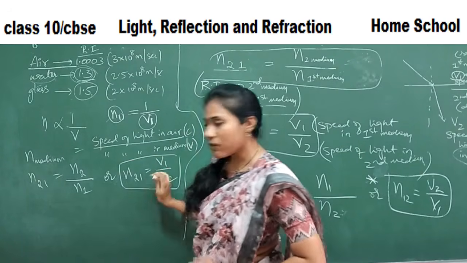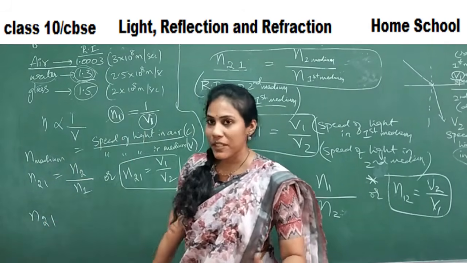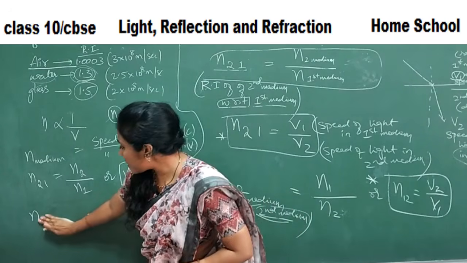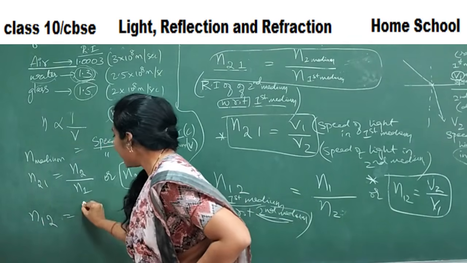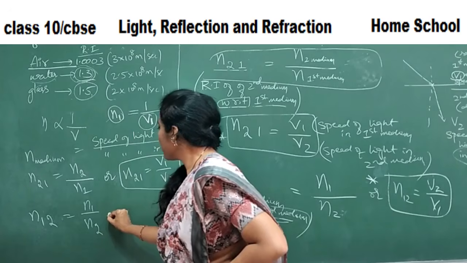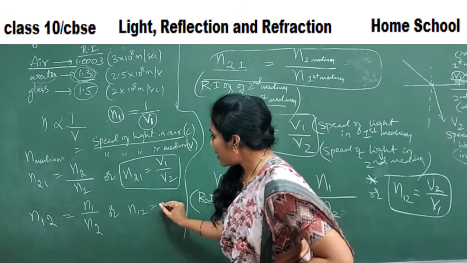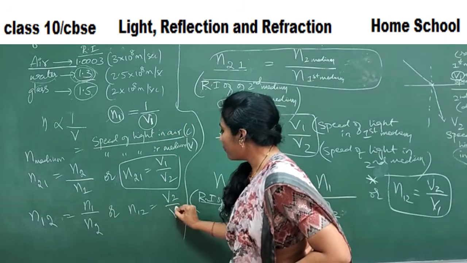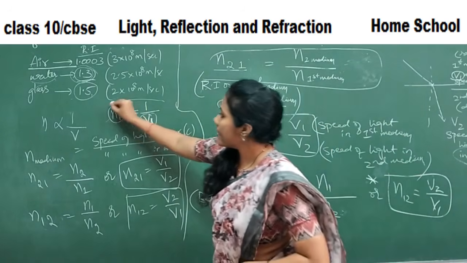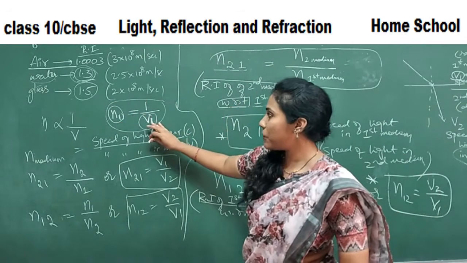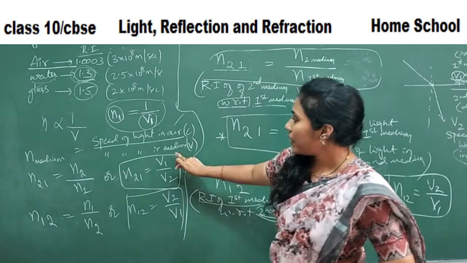Okay, so these two are one set of formulas, and another set of formulas: if I have written N12, I am talking about the refractive index of the first medium with respect to the second. Okay, so how do I write? N1 divided by N2 here, or N12 is equal to, in terms of speed, V2 divided by V1. Okay, so this is the second set of formulas. So what you have to remember, this is very important: refractive index is always inversely proportional to the speed of light in that particular medium. Okay, and then the formula for absolute refractive index.